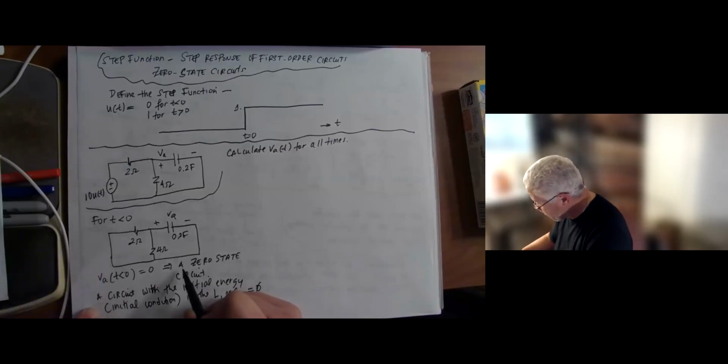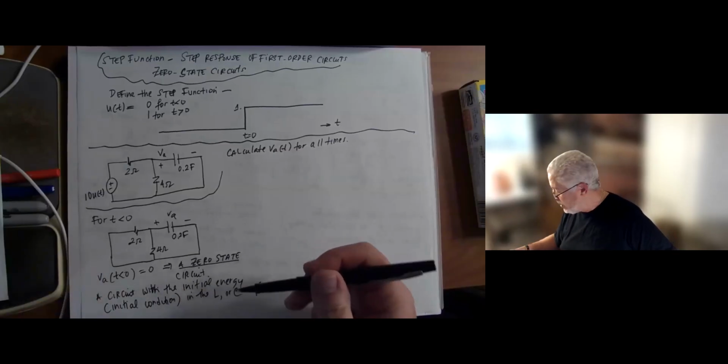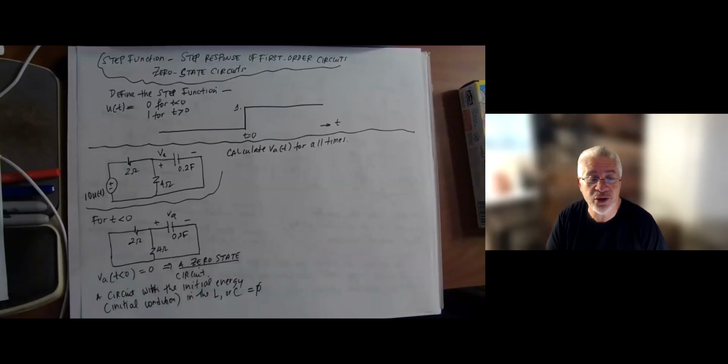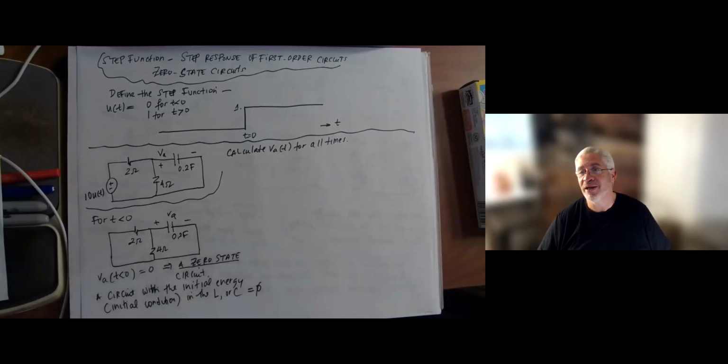This is how we define a zero state circuit. The initial energy is the initial condition, so the initial condition for that circuit is 0, just like the case that I'm showing you here. So this is a zero state circuit.